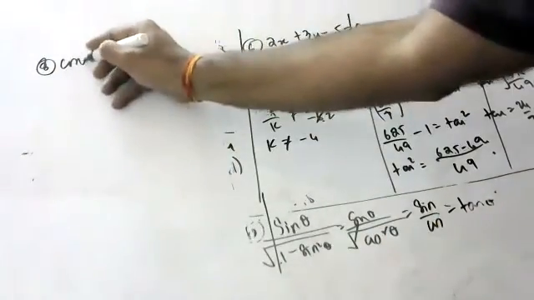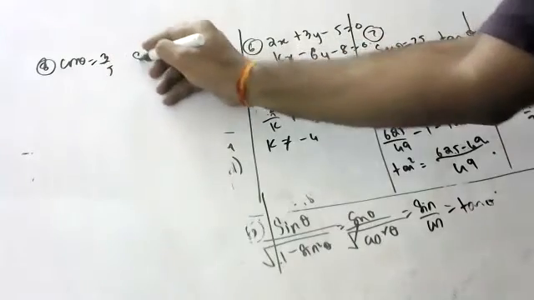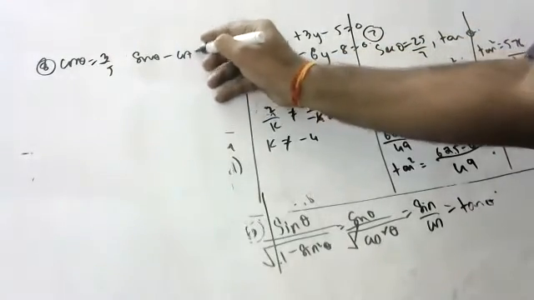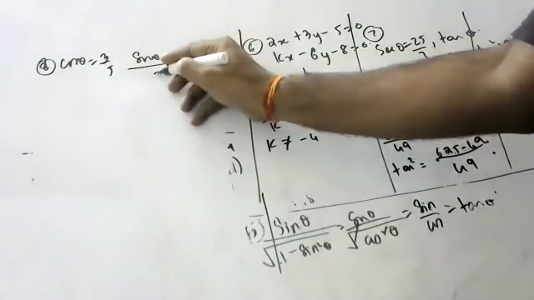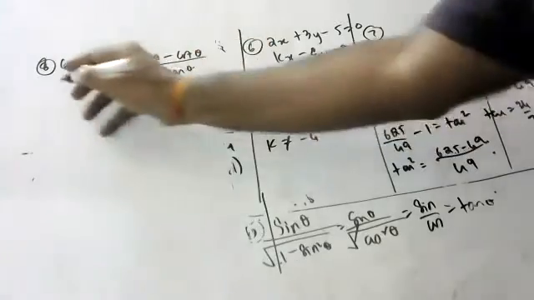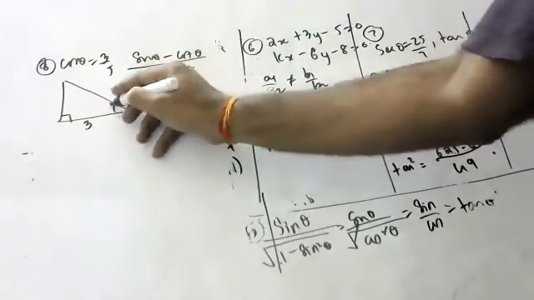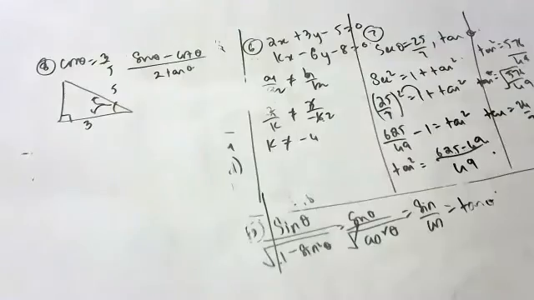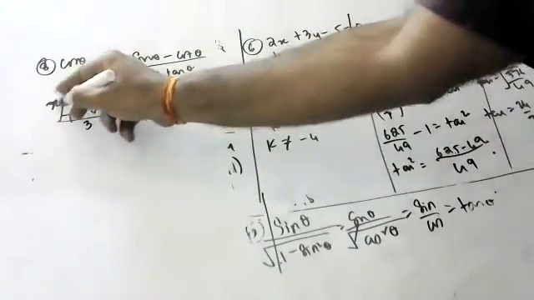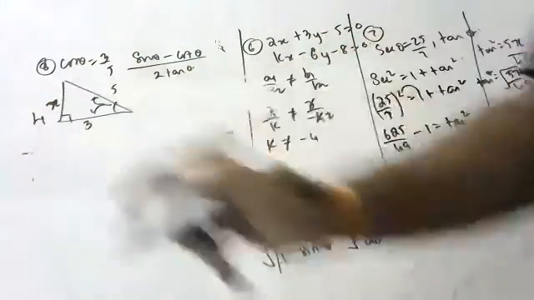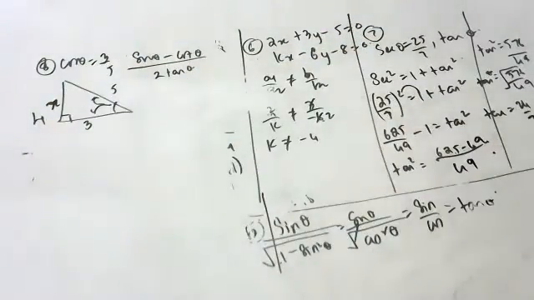Children, cos theta is equal to 3 by 5. Find (sin theta minus cot theta) by 2 tan theta. Children, cos theta is 3 by 5. This is 3 adjacent and 5 hypotenuse. So what is this, children? What is 4, this? On Pythagoras theorem, you get 4. You have to apply Pythagoras theorem, you get 4.